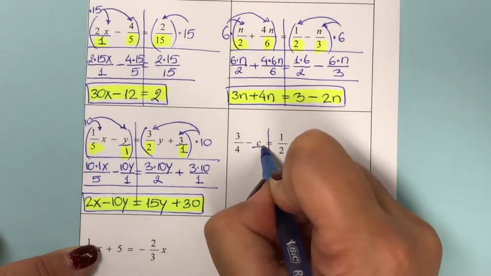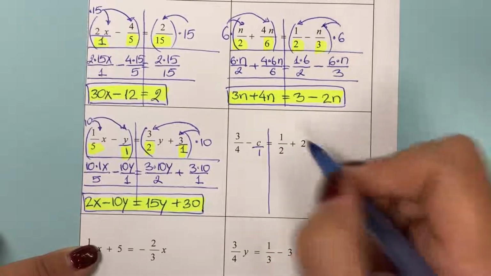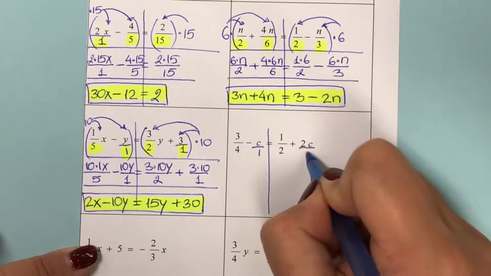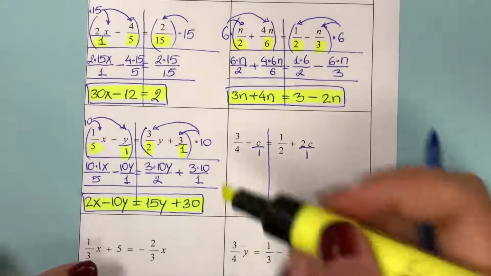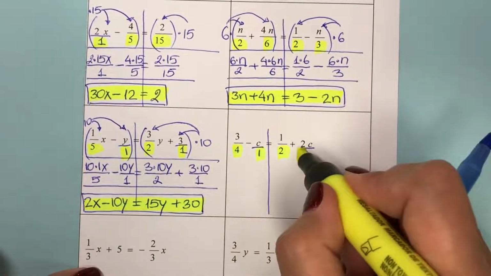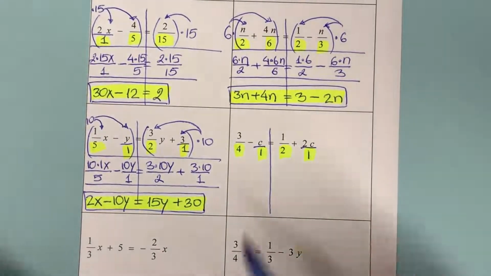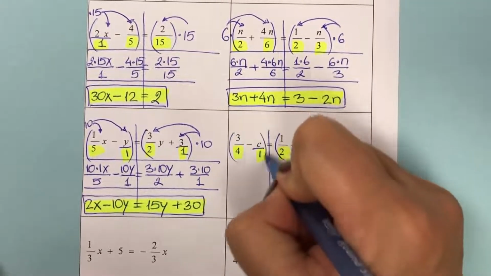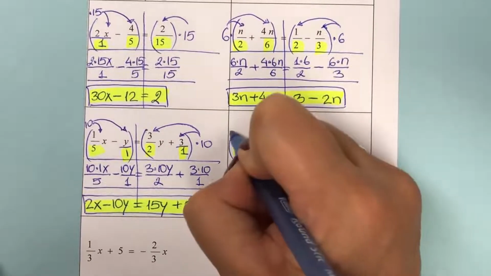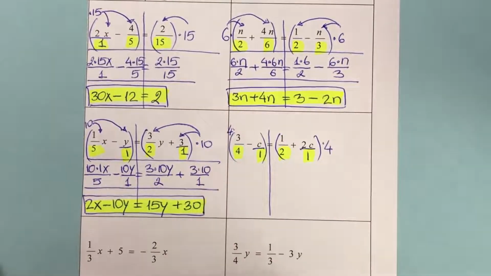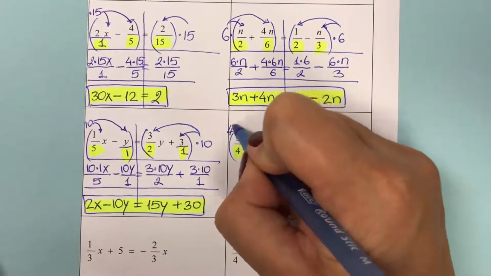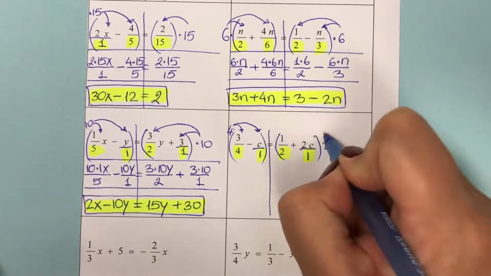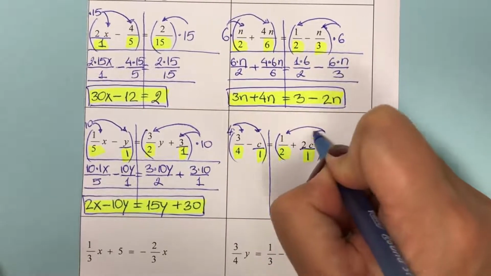3/4 has a numerator and denominator. c we put over 1, 1/2, and then 2c over 1. Each term will now have denominators: 4, 1, 2, 1. All numbers go into 4. So we're going to multiply by 4 both sides of the equation. Distribute means multiply.